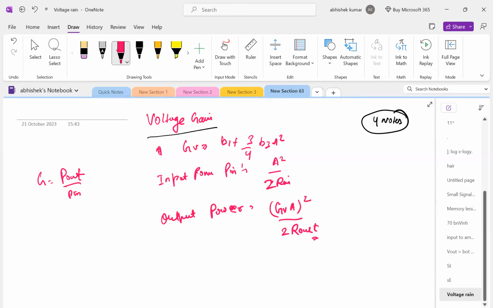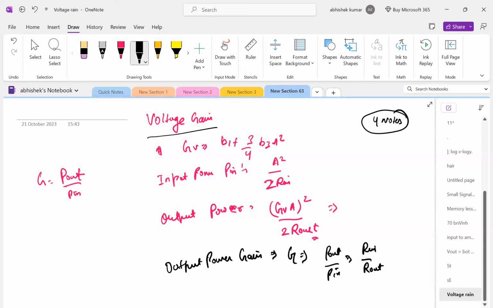And the power gain Gp equals P output by P in, that is R in by R output into Gv square, for a matched system.